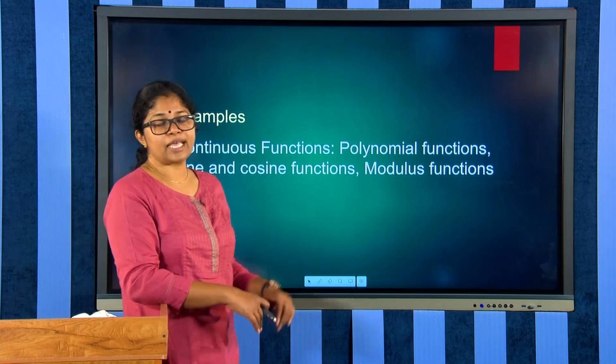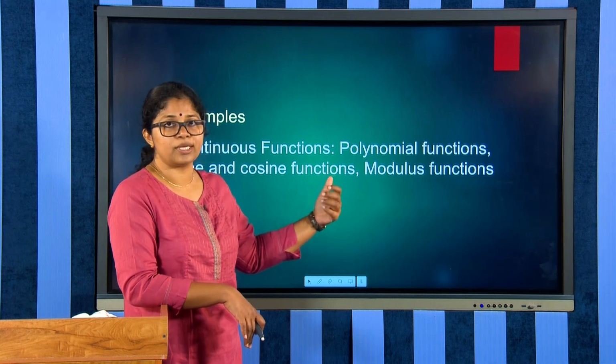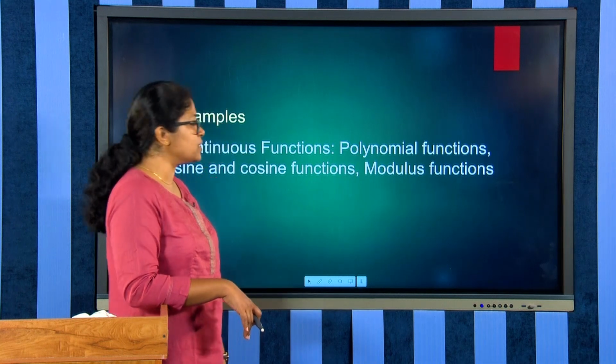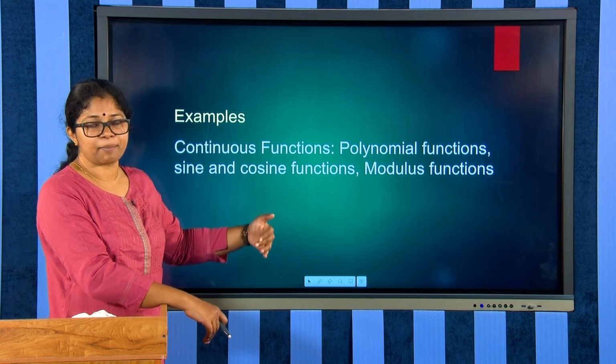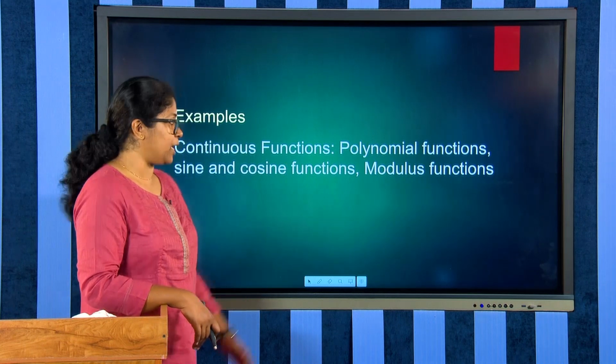We know expressions like x, x square, x cube; combinations of all these and multiples of these become the polynomial functions. The general expression is a_n x raised to n plus a_(n-1) x raised to n minus 1 plus etcetera, plus a_1 x plus a_0.